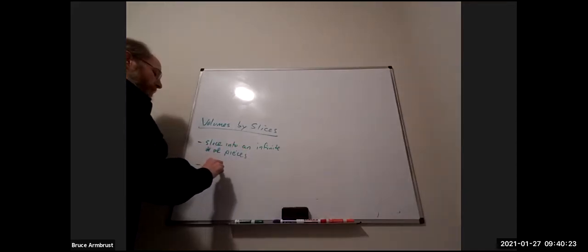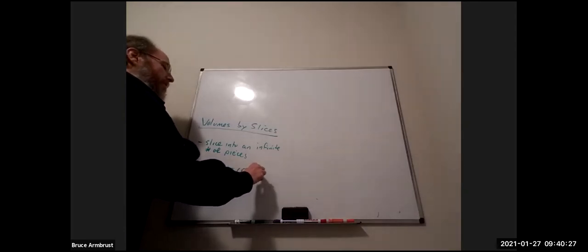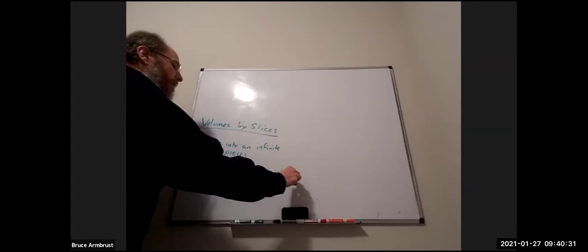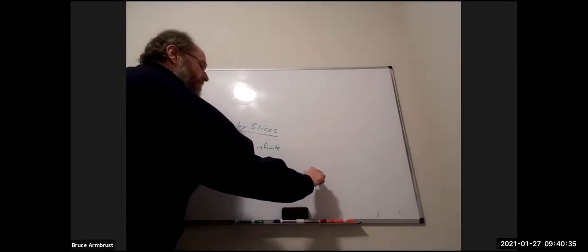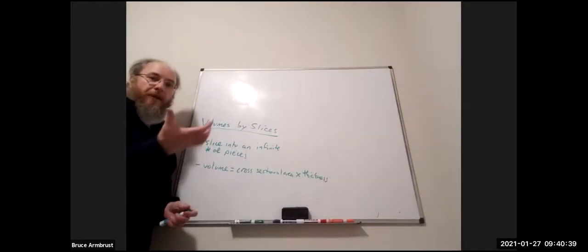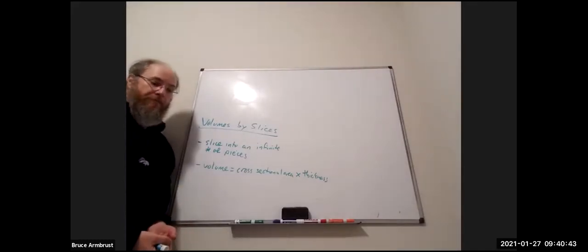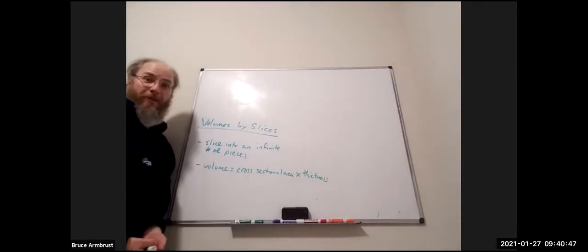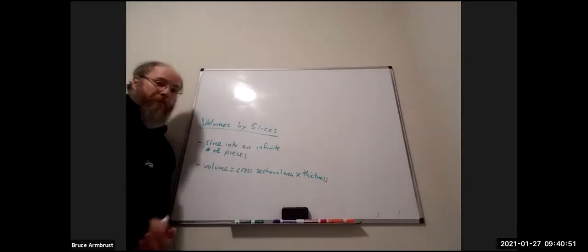The volume is going to be the cross-sectional area times thickness. Right? So we're going to figure out what that surface area is and multiply it by a little thickness, and then we're going to add it up. All right, well, this is why the integral is coming in, because we're adding up an infinite number of things.